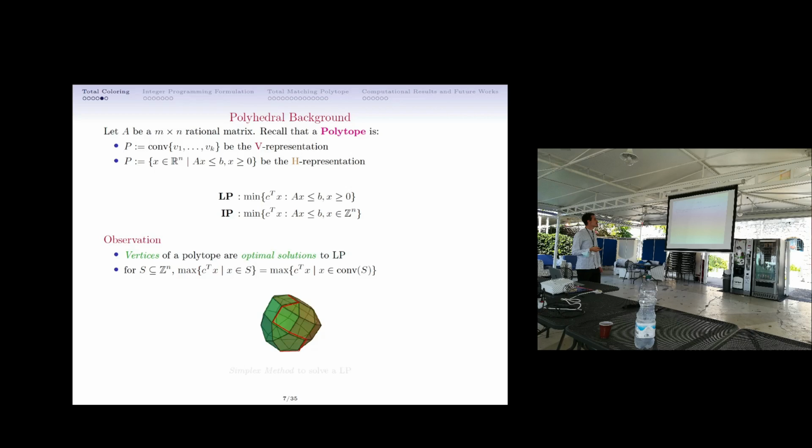And a key fact is that if we consider a subset S of Z^n, optimizing a linear function over that set S is the same as optimizing that linear function over the convex hull of that set. So here we have the simplex method for this polytope, from one vertex to another.